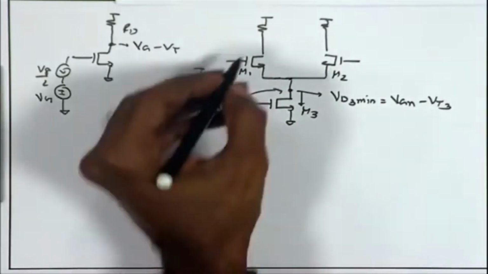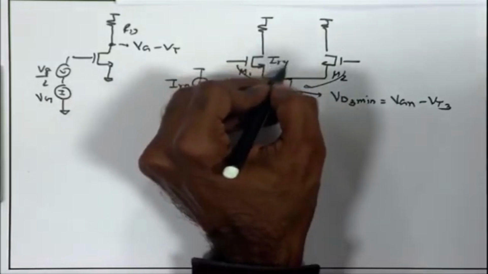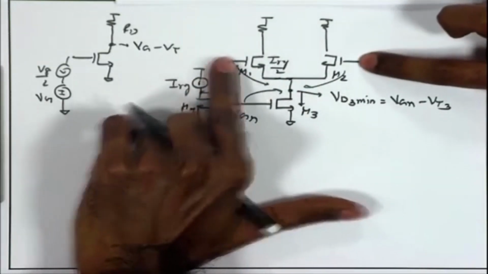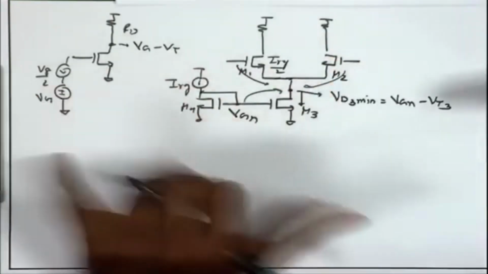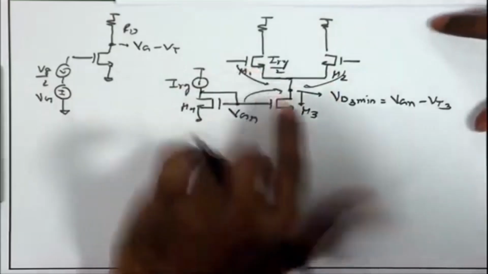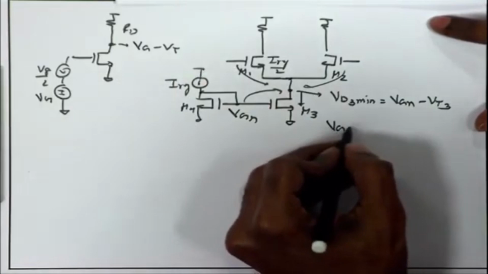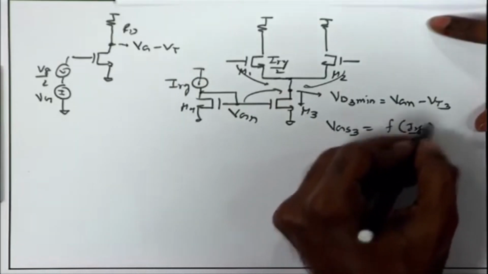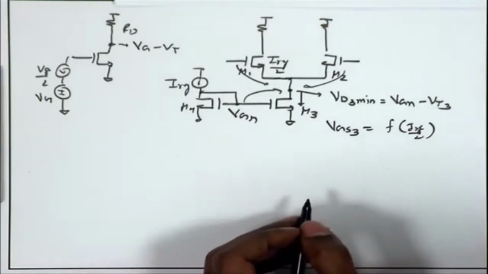Now, I know that if these are having the same ratio, I have I ref by 2 flowing through each of these for the DC biasing point. For DC biasing point, each gate voltage is capital VG, and I have I ref by 2, I ref by 2 flowing through both of them, and therefore, once again I can find out the required VGS3, which is going to be a function of I ref by 2, because we know I ref by 2 is once again VGS3 minus VT3 square times the Kn.